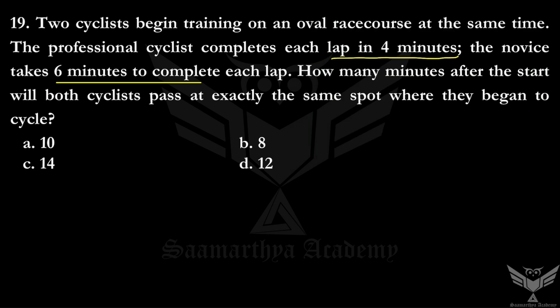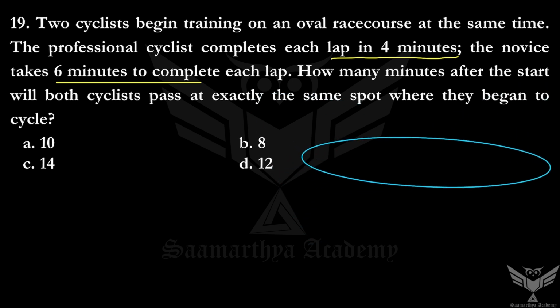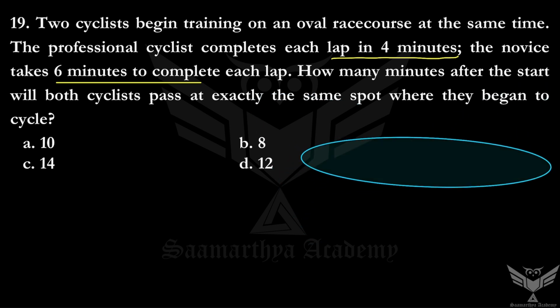Now, suppose this is my oval racetrack. And this is the starting point. Person A is taking 4 minutes to complete the lap and person B is taking 6 minutes.